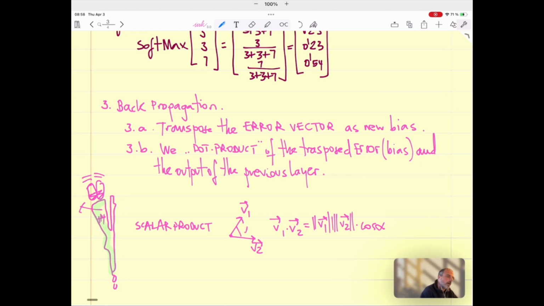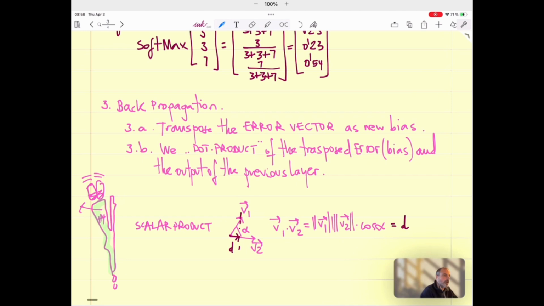Okay, so basically what we're doing here is putting the shade of the one vector into the other. Okay, so we're calculating a scalar.